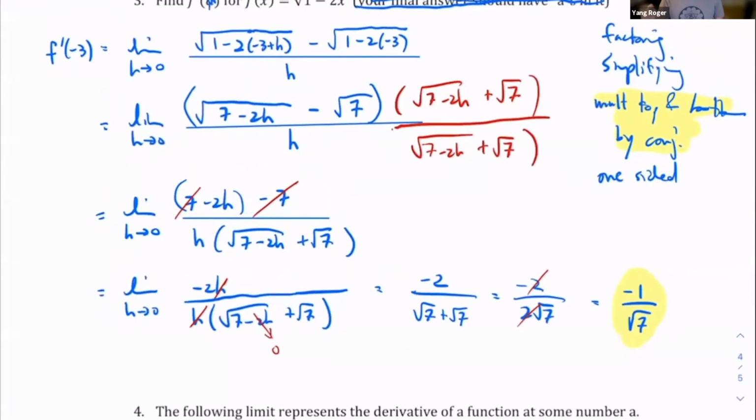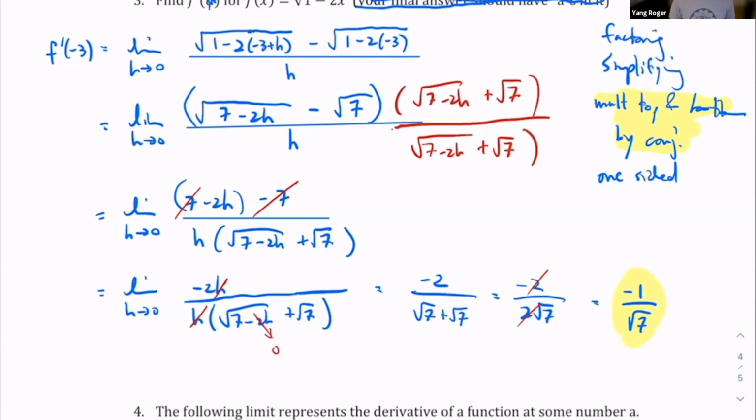Did anybody have any questions about this problem? Do we keep the radical in the denominator for our final answer? I don't mind if you keep the radical there.